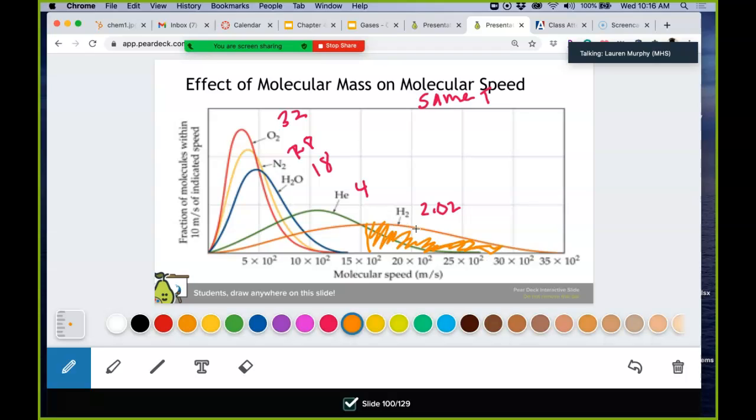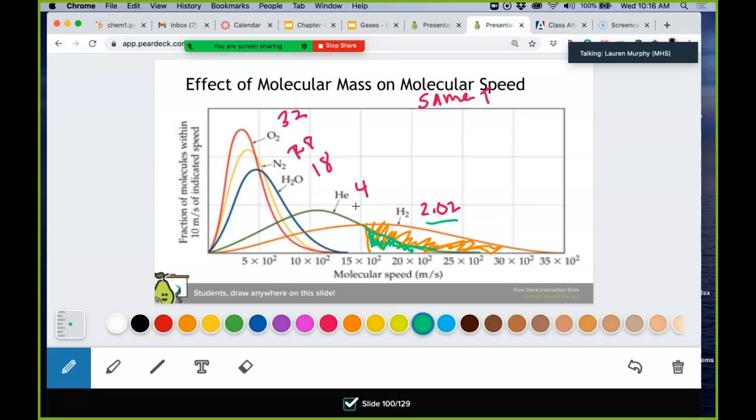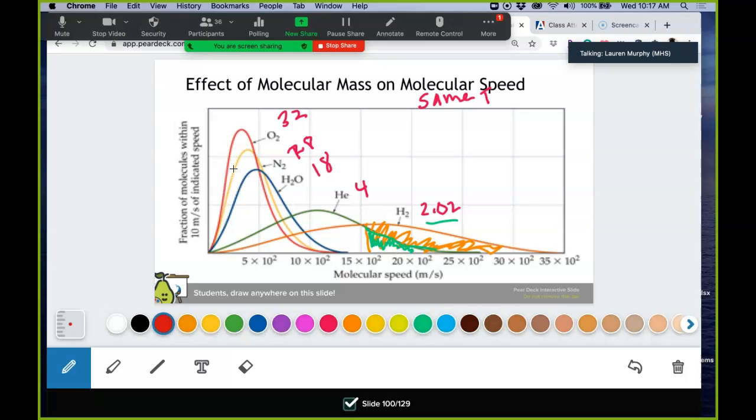Hydrogen has more molecules moving at higher speeds than helium does. Helium doesn't have as many. Helium's area under its curve is right here. Why? Why is this? Why does hydrogen have more molecules moving faster than helium? And why does oxygen have the most molecules moving the slowest?